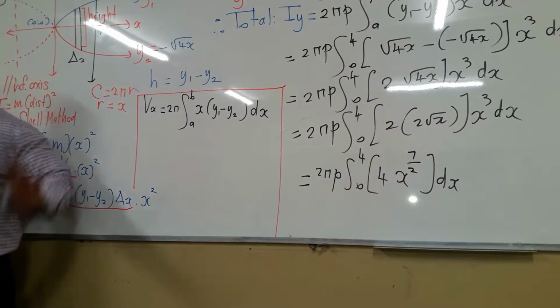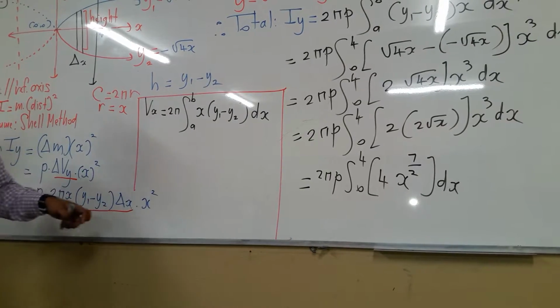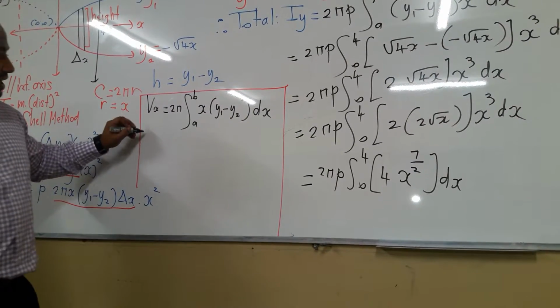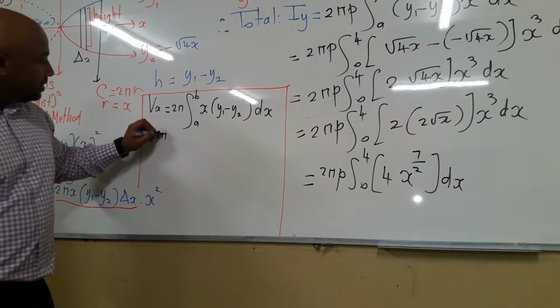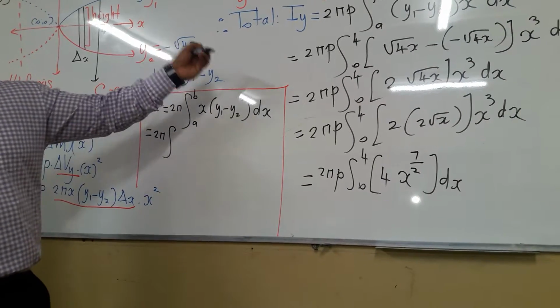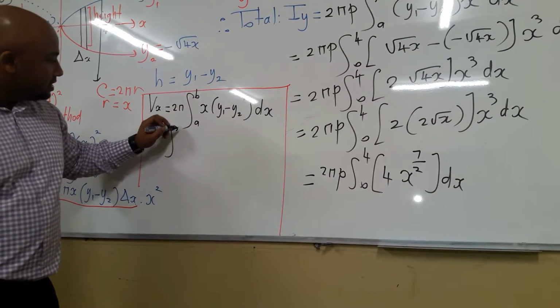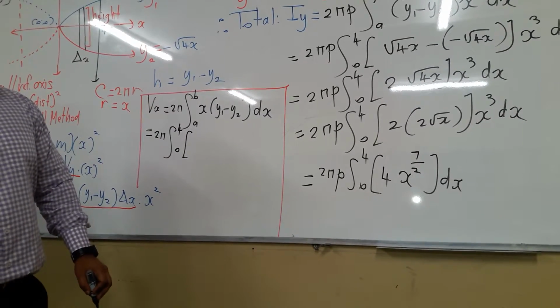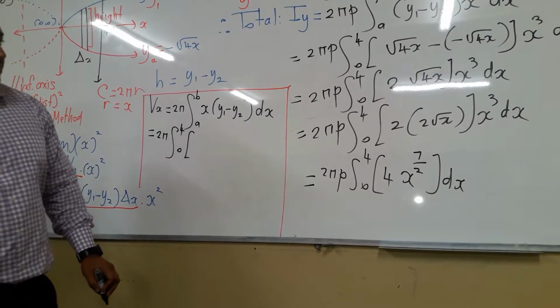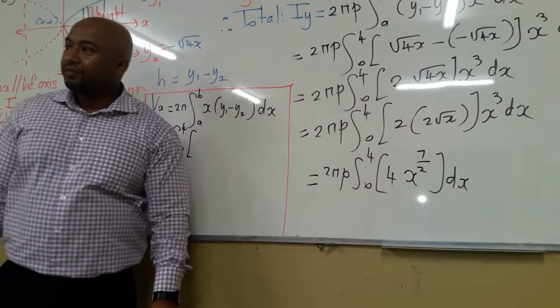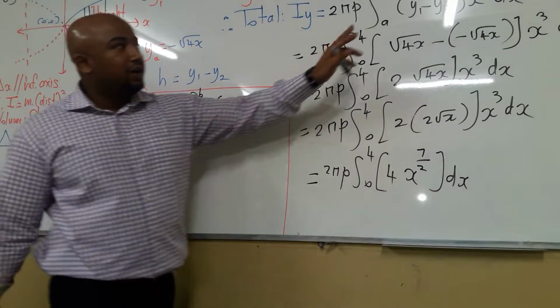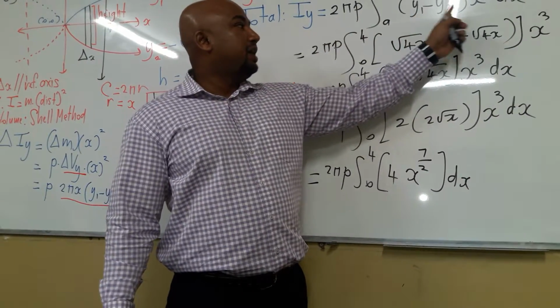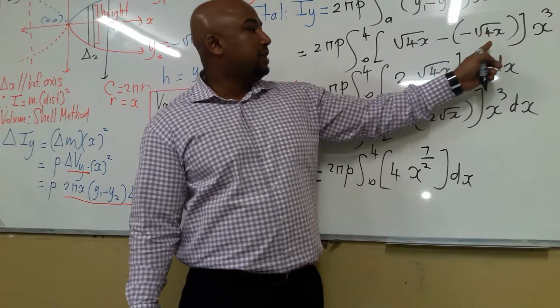Right, here's the volume. Circumference times height times thickness. Shell method. So that's going to be 2 pi. The same B and A, which is 4 and 0. What did we work out y1 minus y2 to be? Here's y1 minus y2.